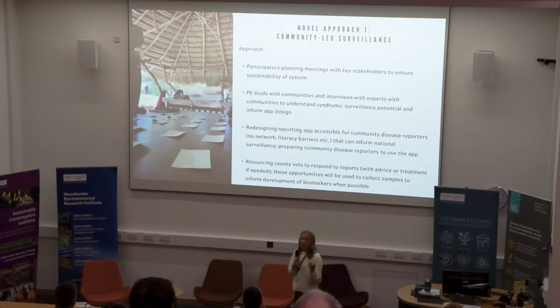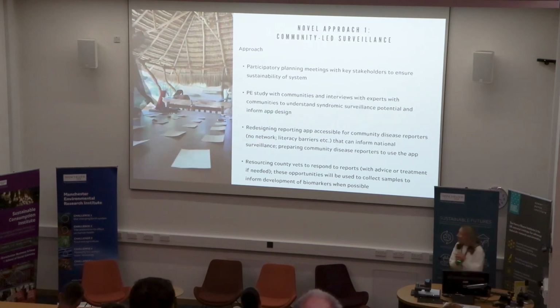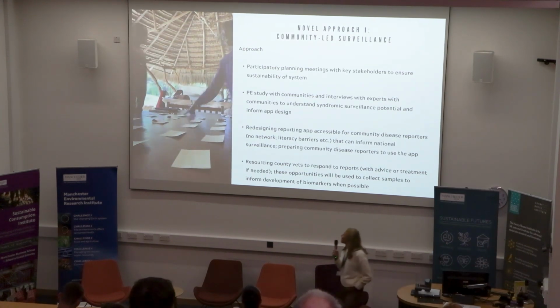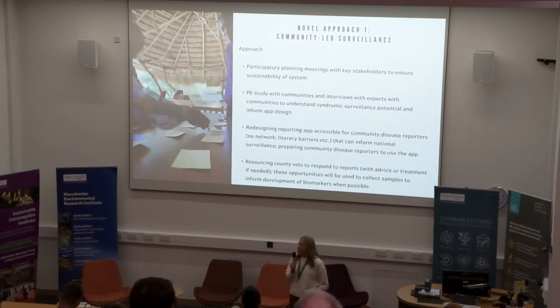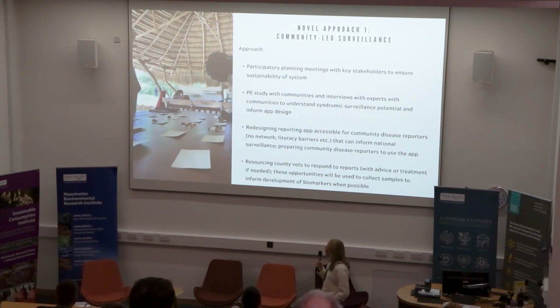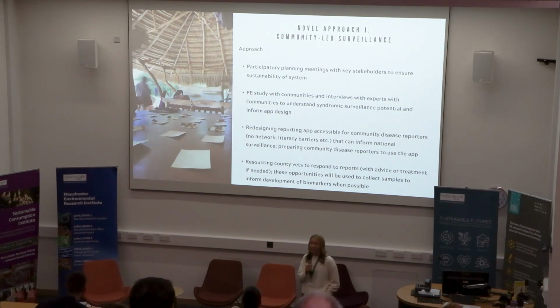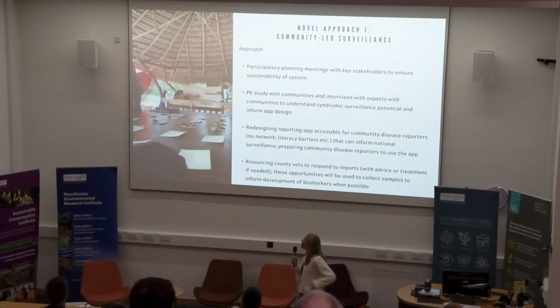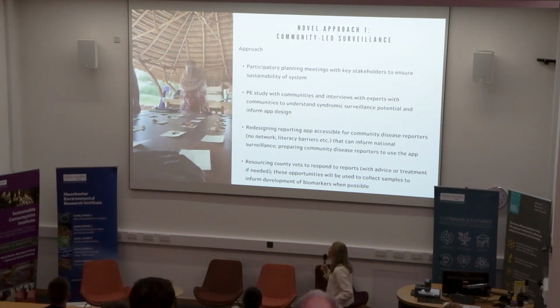So we've been quite creative in how we've designed the app. For anyone familiar with participatory epidemiology, there are lots of really fun methods we can use that work well with groups who don't read, to help them prioritize what diseases we know, what the symptoms look like, and what's most important to our community, which is what the community is doing here.